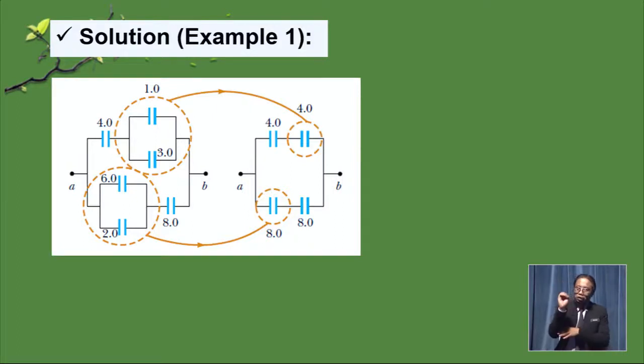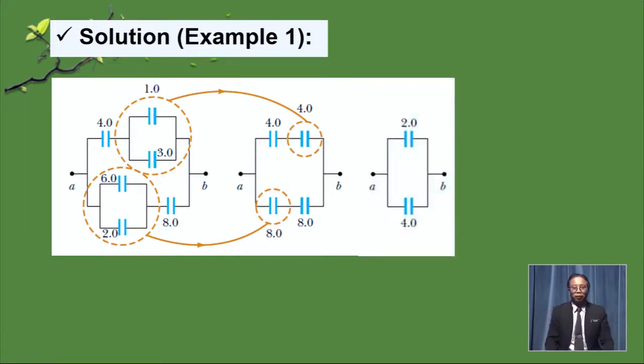Next, the 4.0 and 4.0 capacitors are in series. We use the series formula to get the answer, 2.0 microfarad. Same goes for the 8.0 and 8.0 capacitors.